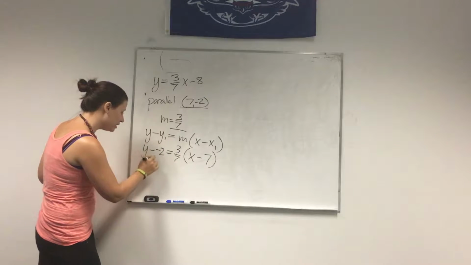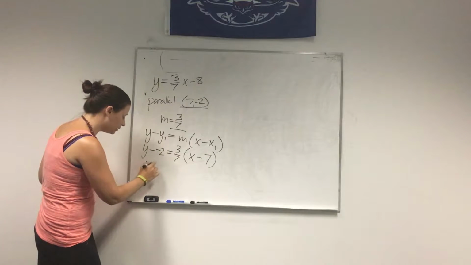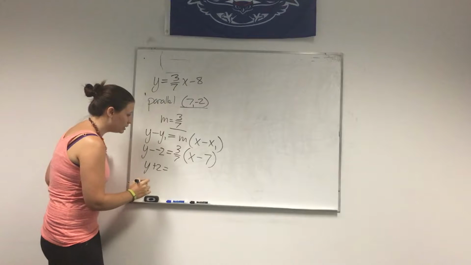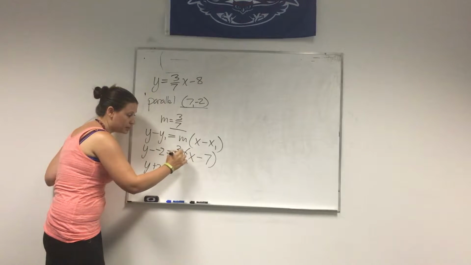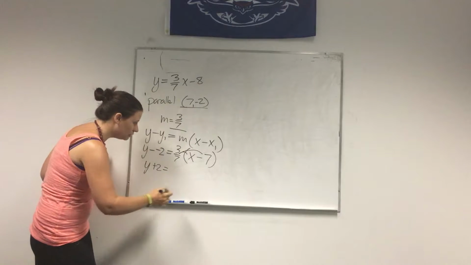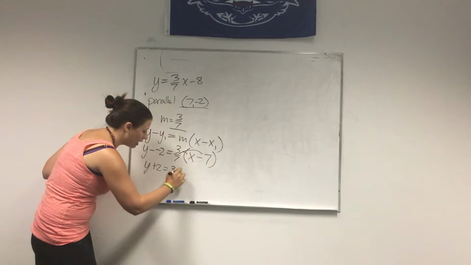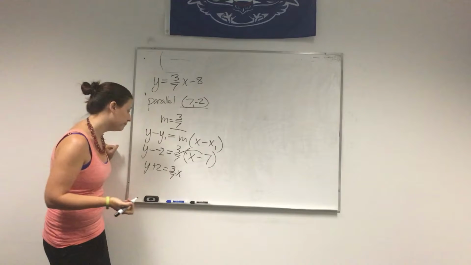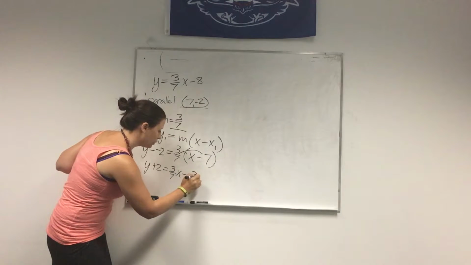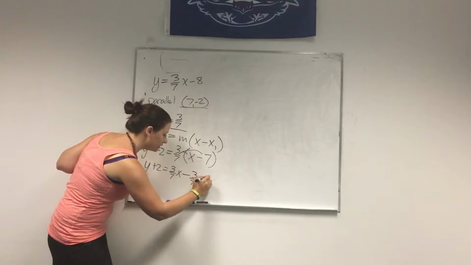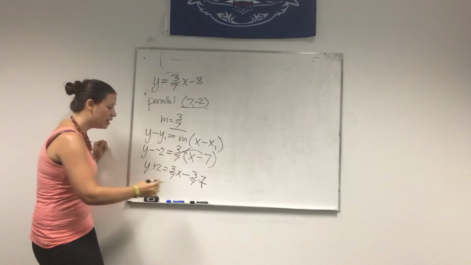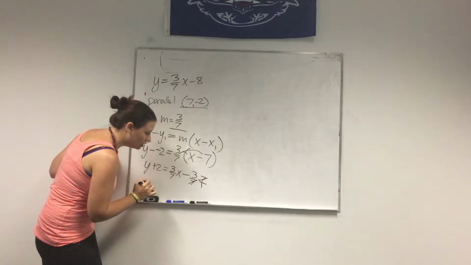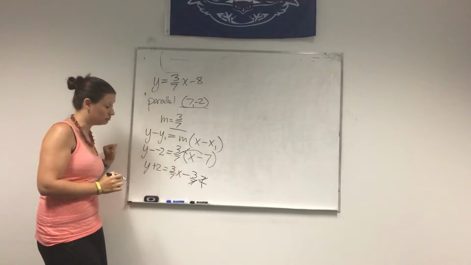So, simplify this. Minus minus is really plus, so that's y plus 2 is equal to, distribute the 3/7, so that means times x and times negative 7. So 3/7 x, can't change that one, minus 3/7 times 7. Well, that 7 is really 7/1. So those 7's can cancel to leave us with just 3.